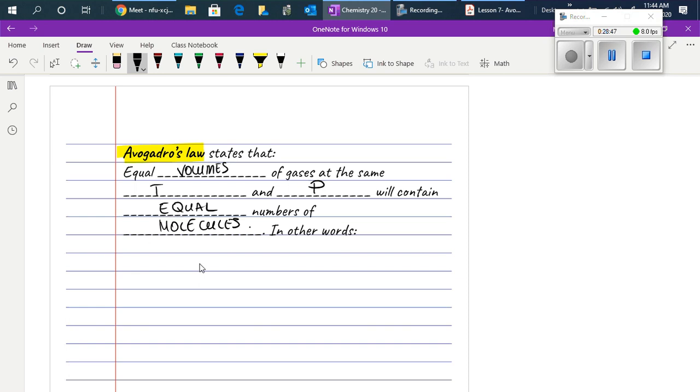Okay, so in other words, this is known as the law of combining volumes. So volumes of gases, reactants and products of a reaction, will always be in simple whole ratios at a constant pressure and temperature.